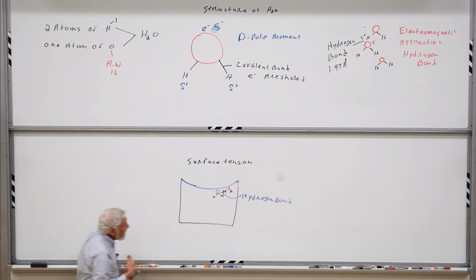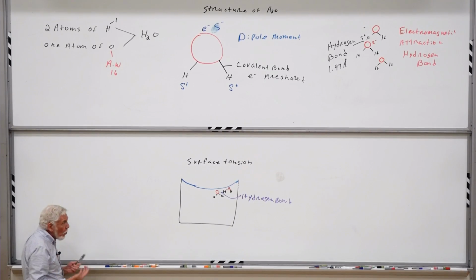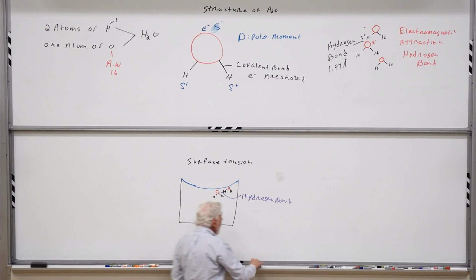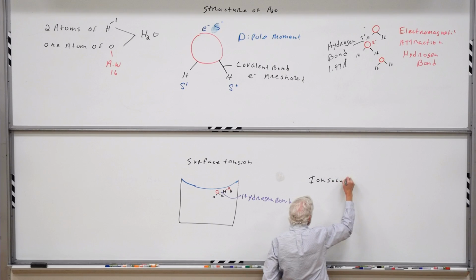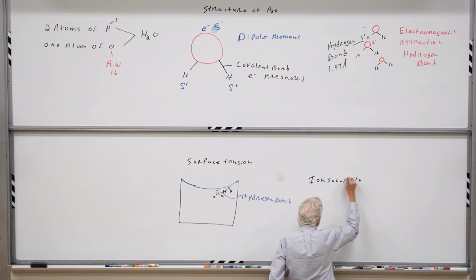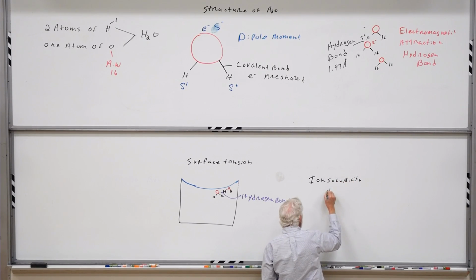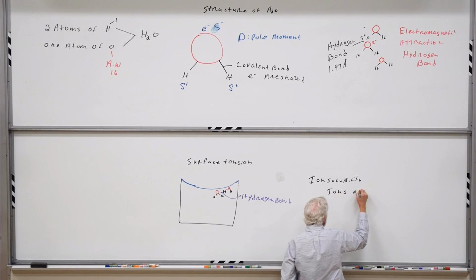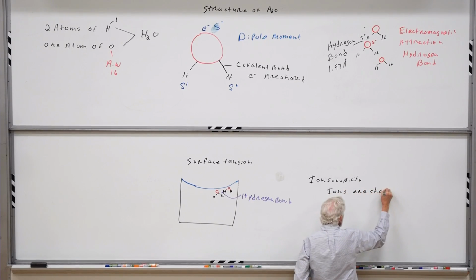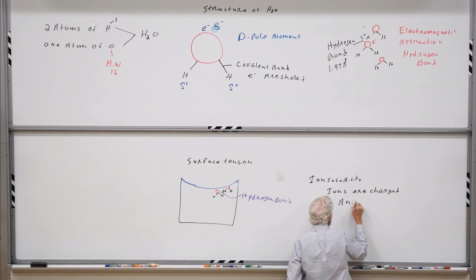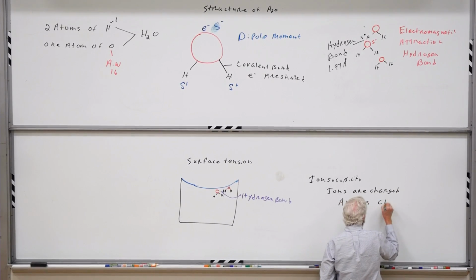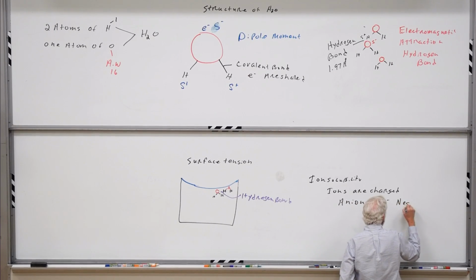The other idea that comes from this dipole moment is the concept of ion solubility. Ions are charged. Anions, such as chloride, are negatively charged.